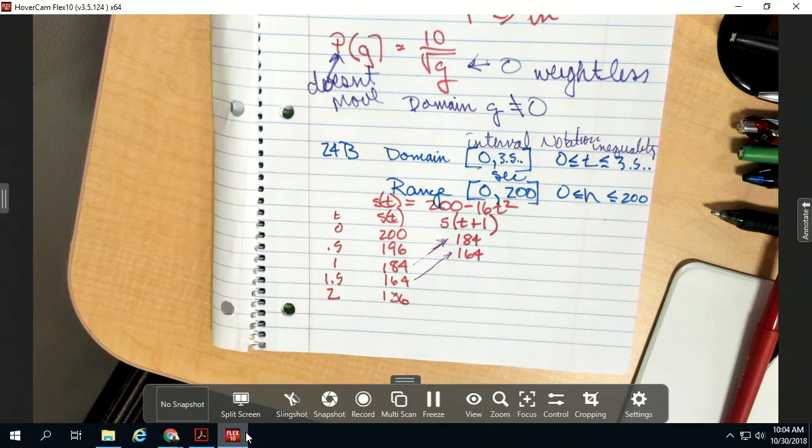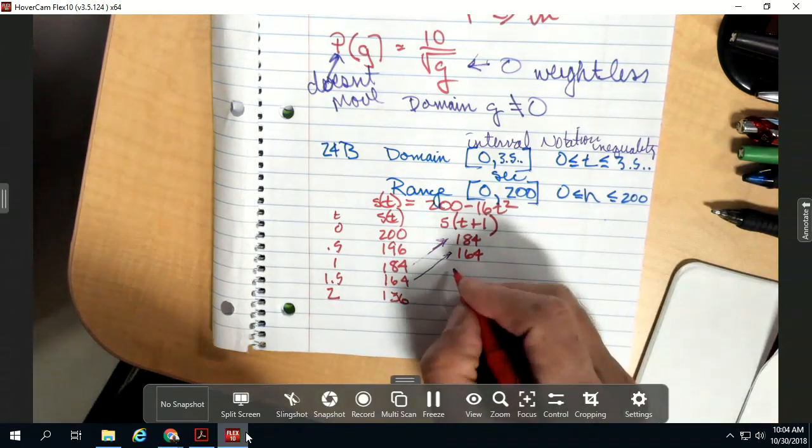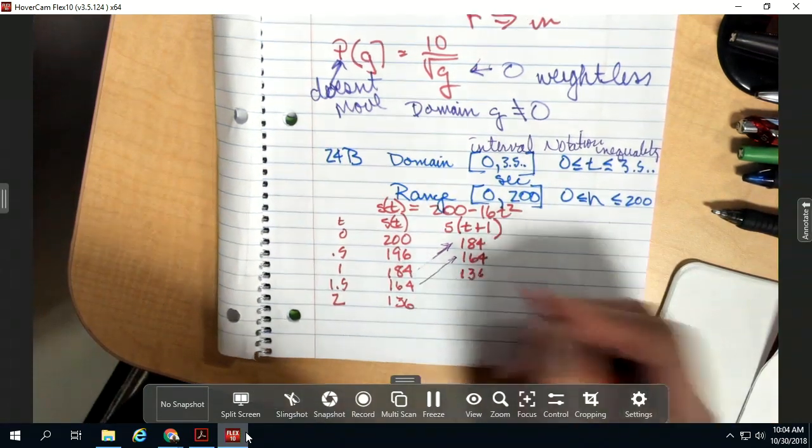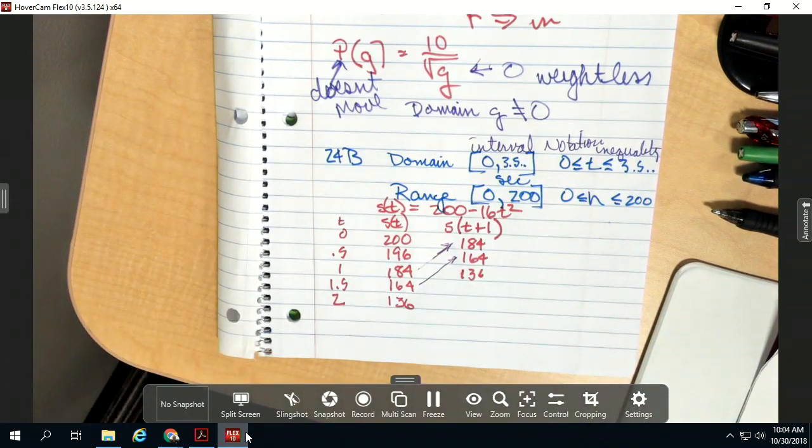So what would the next answer be after 164? Why can't we just copy down from the table for the one after that? Because it's not one of our choices, correct? So what are we going to have to do for 1.5? Well, we would not press 1.5 into our calculator. We would press 2.5, right? Because it's going to be our time plus another 1 second. So 200 minus 16 times 2.5 squared.